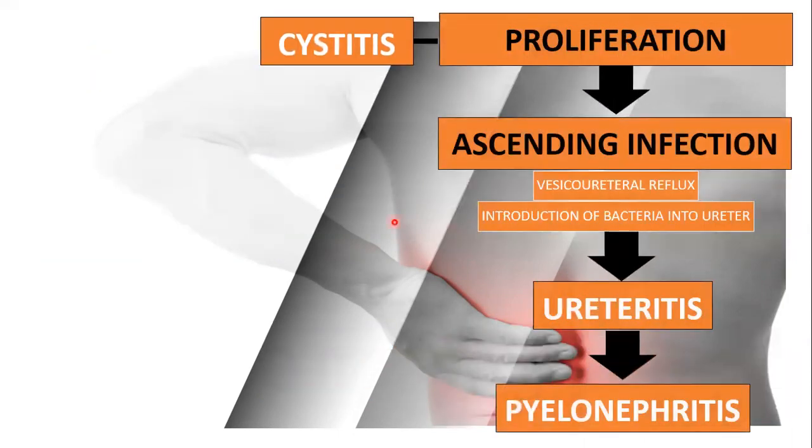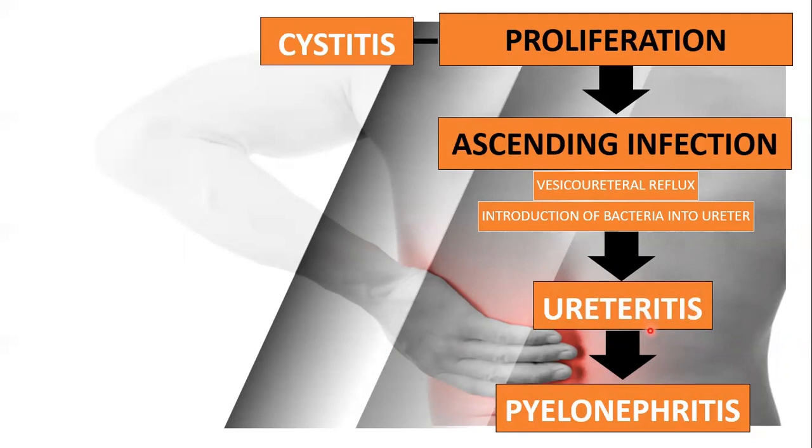From there would be an increase in proliferation, allowing ascending infection to occur. This may be due to vesicoureteral reflux and the introduction of bacteria into the ureter. So that would lead to inflammation causing ureteritis. Okay?